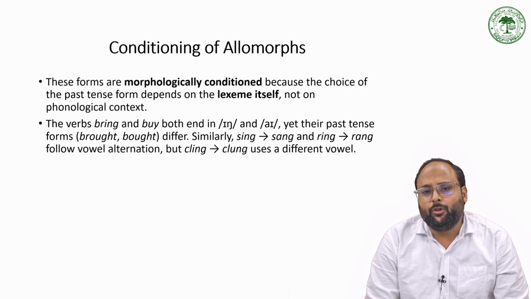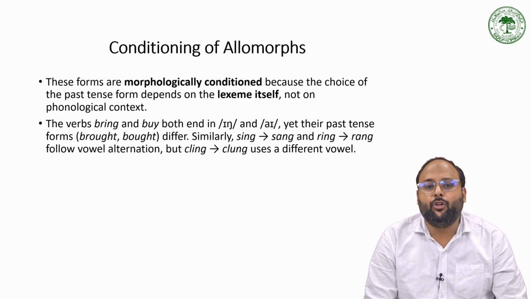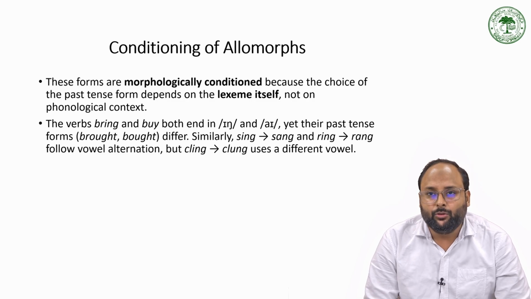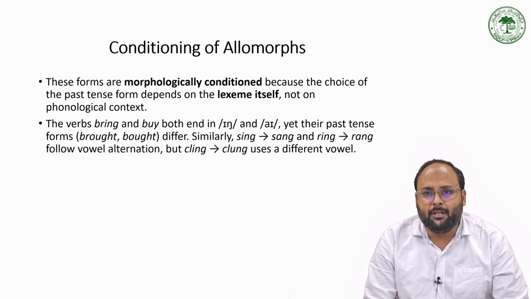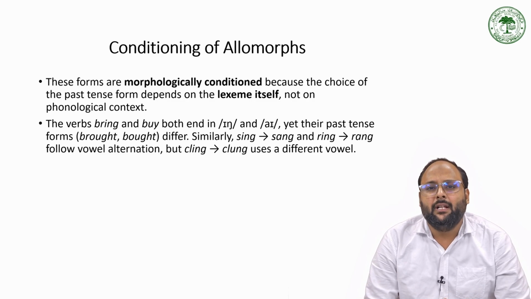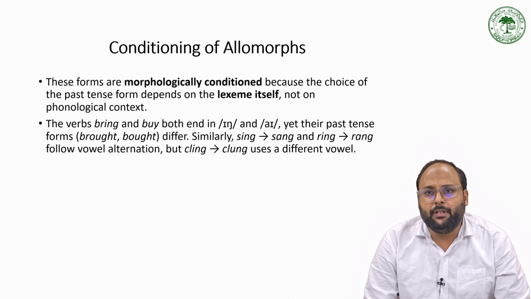These forms are morphologically conditioned because the choice of the past tense form depends on the lexeme itself, not on the phonological context. With the lexeme, or by some grammatical category like tense, aspect, or number, we can understand the change between go and went, between sheep and sheep, or between ox and oxen.